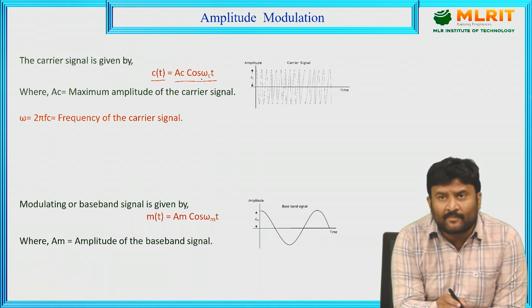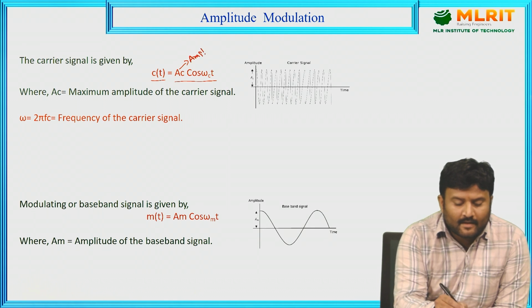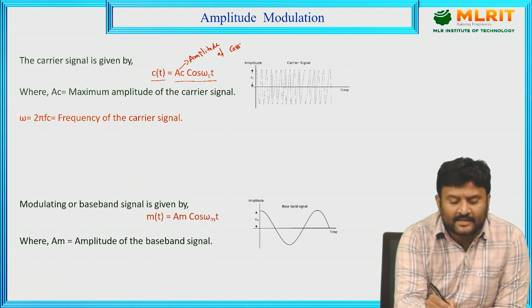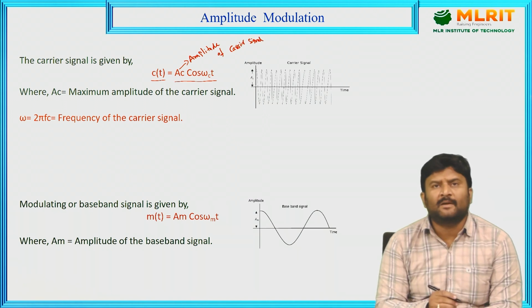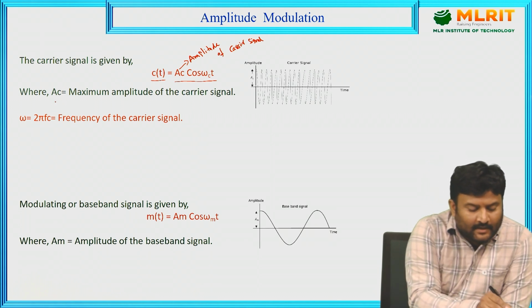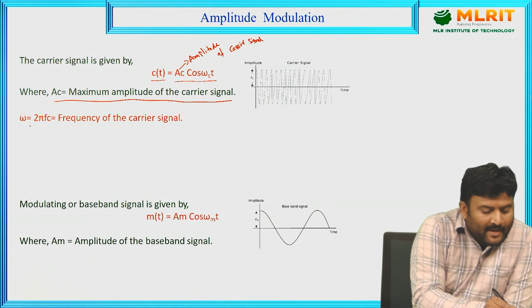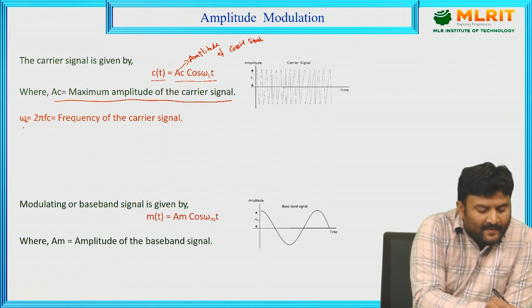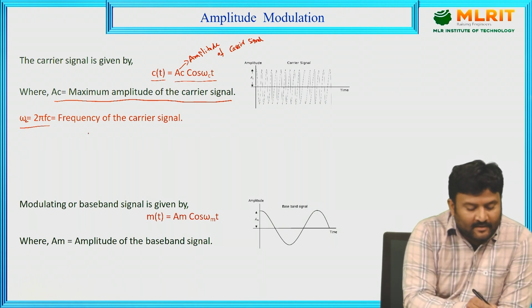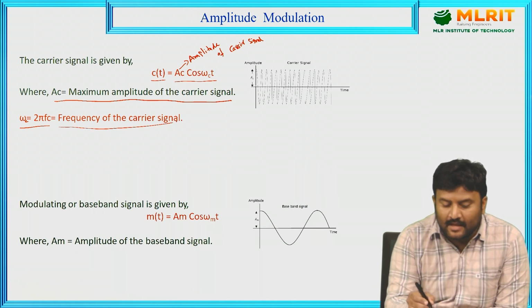In Ac cos omega ct, Ac is the maximum amplitude of the carrier signal, and omega c is 2 pi fc, nothing but the frequency of the carrier signal.